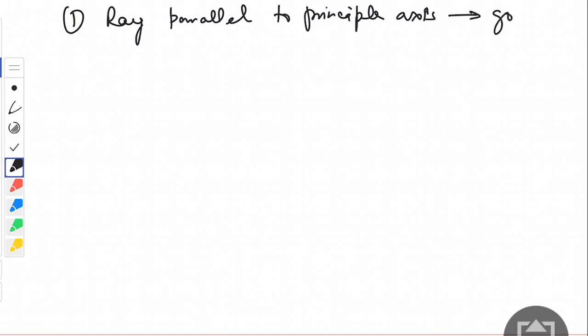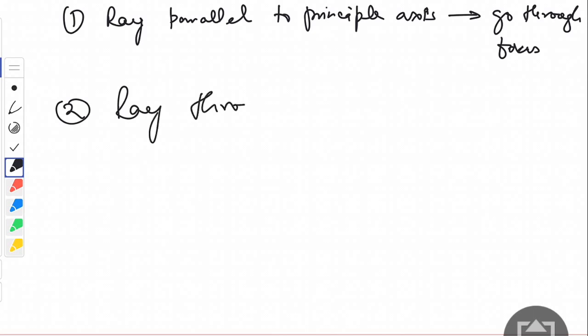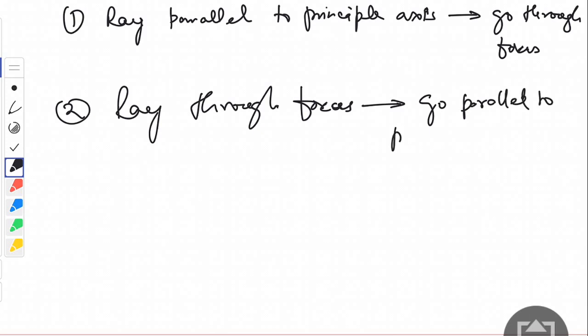It will go through focus. Okay. Second, ray through focus, after reflection, what will it do? It will go parallel to principal axis. Okay, these are two behaviors that we know.